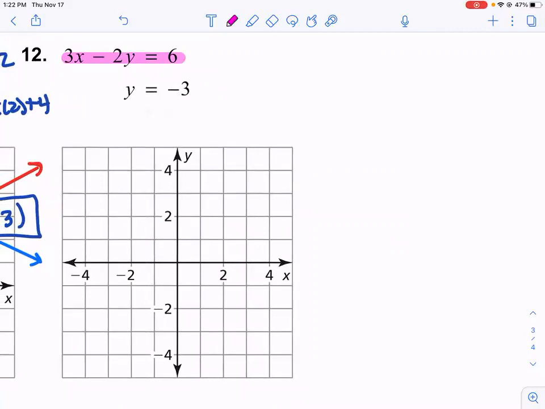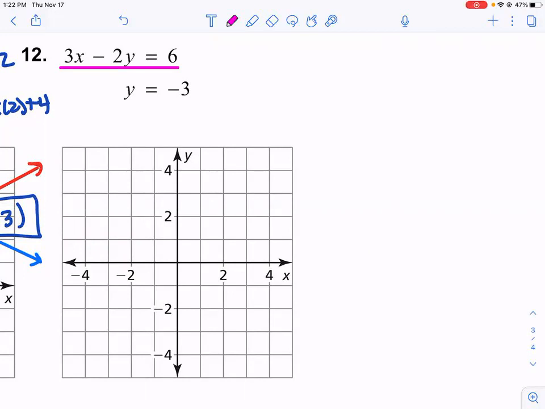Not slope intercept form, it's standard form. Okay, so you had some problems in standard form and you had to rearrange them to y-intercept form to figure out the slope. Technically, you could do that.